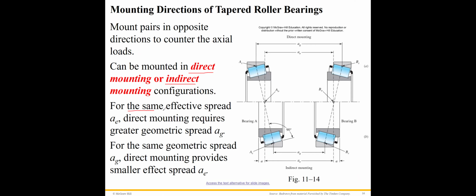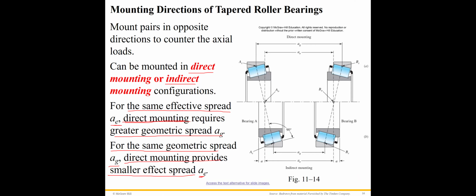For the same effective spread AE, the indirect mounting requires the greater geometric spread AG, and for the same geometric spread AG, the direct mounting provides the smaller effective spread AE. This slide tells us how to mount this taper roller bearing.